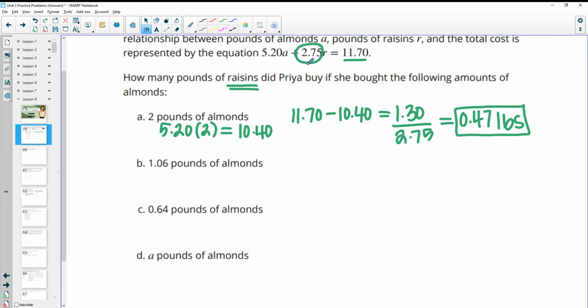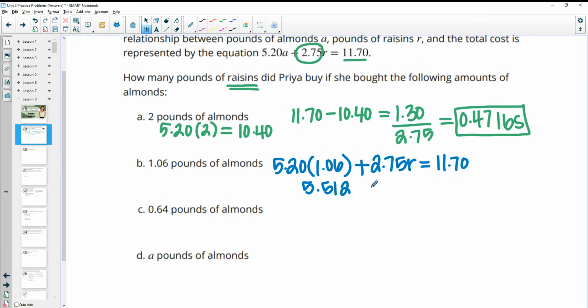Another way you can do it is just taking this equation, $5.20 times almonds, which in this case is 1.06 pounds, plus 2.75R equals $11.70. Then you can multiply 5.20 times 1.06, and we get 5.512 for how much she spent on almonds.